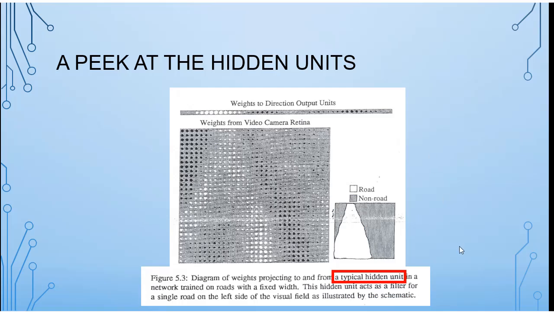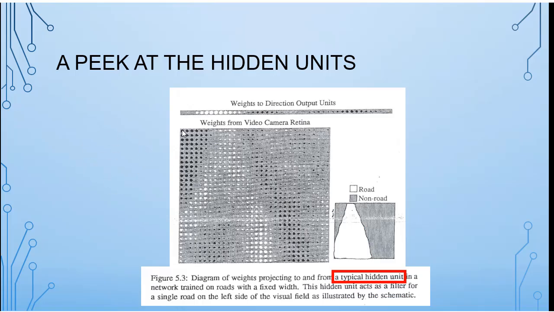So if you think about one of the hidden units, right? Take one hidden unit in the middle of that layer, and this dark represents a very low weight on the input to the hidden unit, multiplying by this pixel, right?